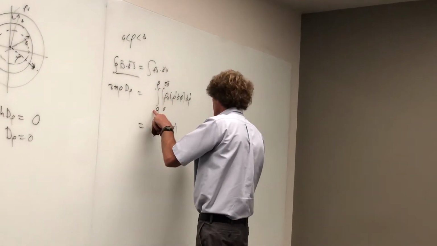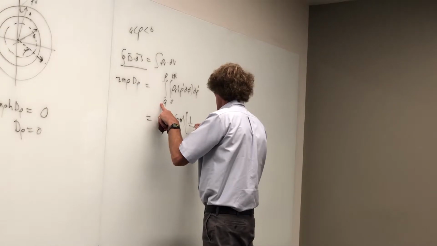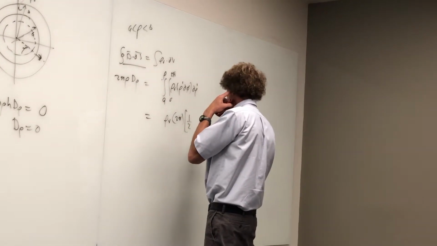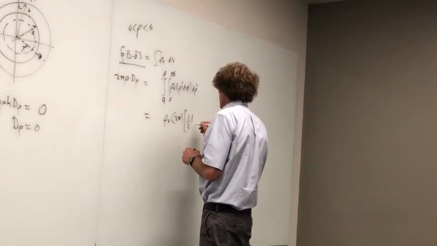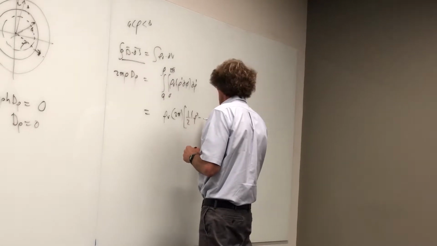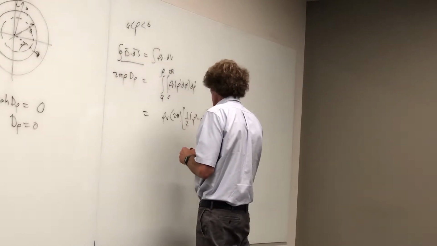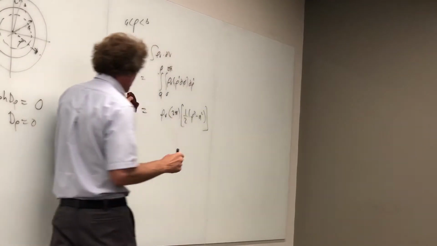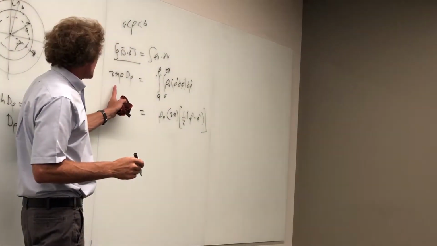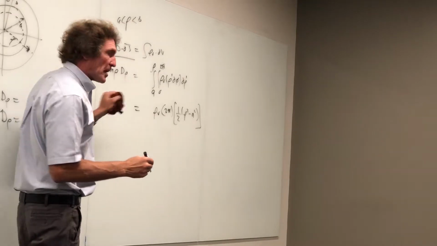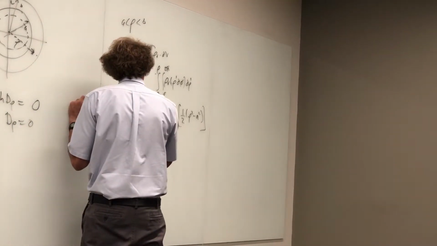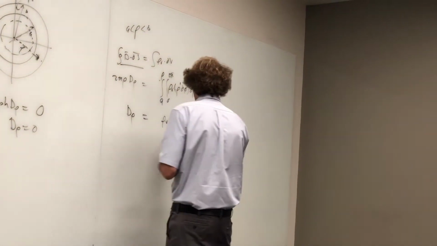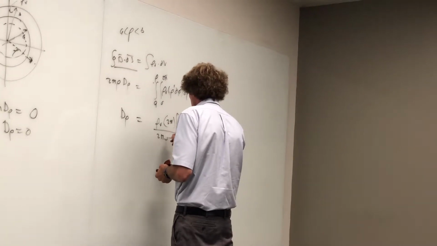So now it's going to be 1/2, and this is going to be rho squared minus a squared. And that's equal to 2 pi rho d rho, right? Now what I'm going to do is divide that by 2 pi rho to get d rho. So this is divided by 2 pi rho.